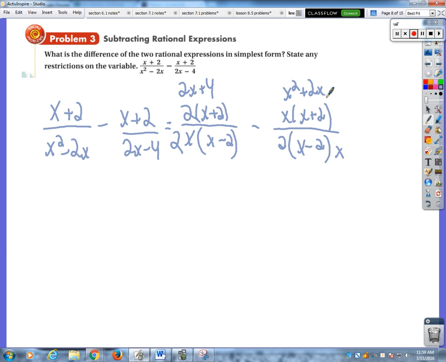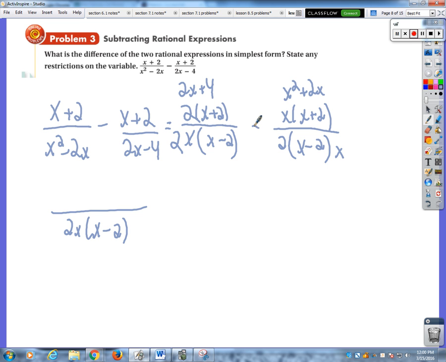All right, so far, nothing that I have done is different from what we did yesterday. Here is where the fun begins. Here's the catch. Okay, so my common denominator was 2x times x minus 2. So now I'm going to go through like I have been doing and combine my like terms. This is the important part.